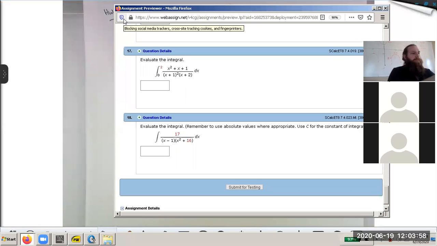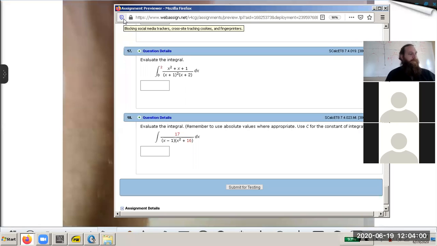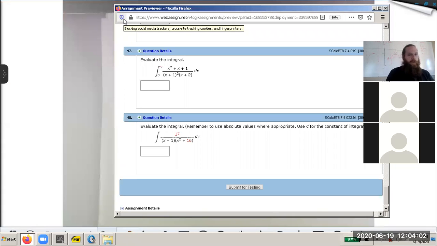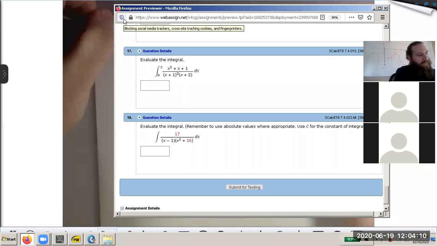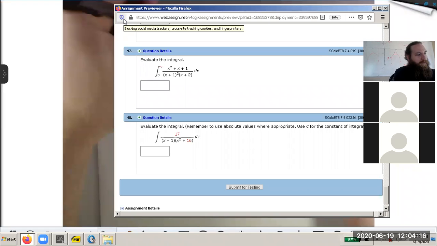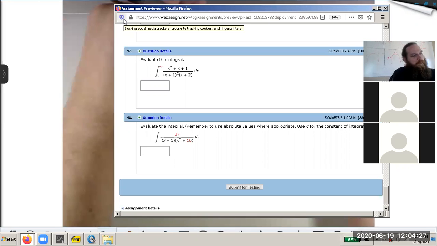18 is not too bad. There is a meaningful chunk of PFD to do here. Write it down as it is with the numbers: the integral of 17 over (x minus 1)(x squared plus 16) dx.